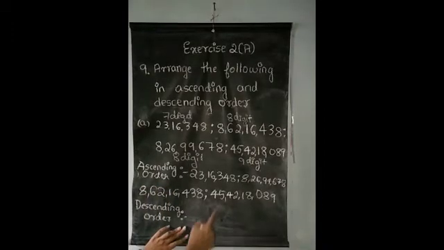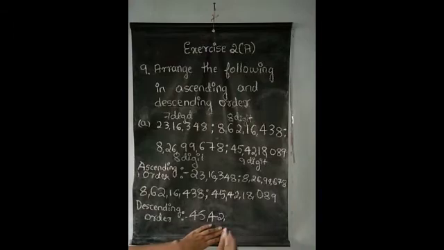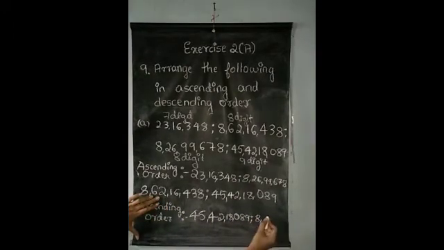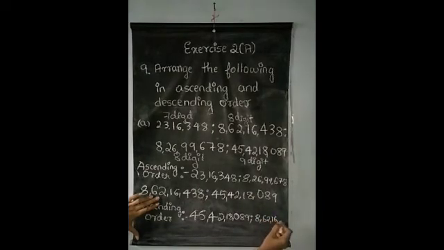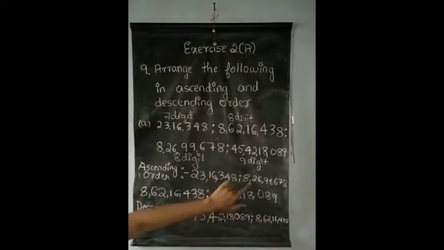So I will write this number first. 45 crore 42 lakh 18,089. Next I will write this number. 8 crore 62 lakh 16,438. Next I will write this number.